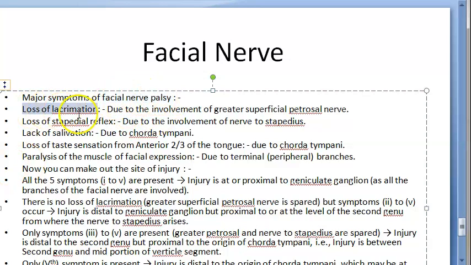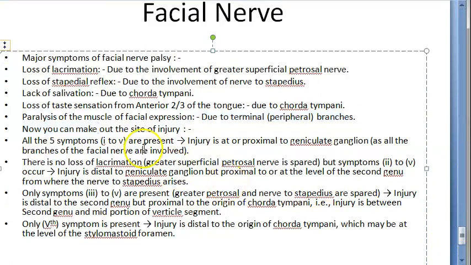There will be loss of lacrimation. If there is involvement of the greater superficial petrosal nerve, then there can be loss of stapedial reflex, lack of salivation, loss of taste sensation, and paralysis of the facial muscles, right? So, you can try to make out the site of injury also, where exactly this injury has happened.